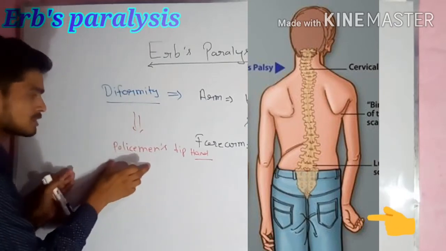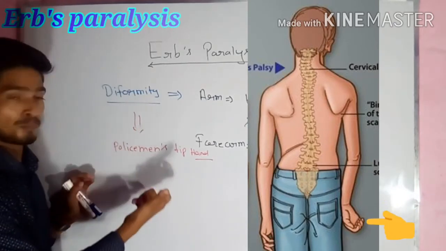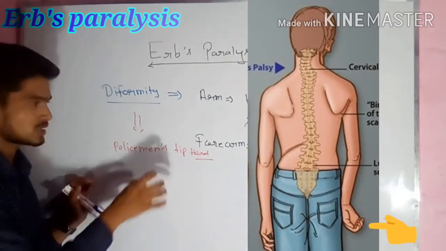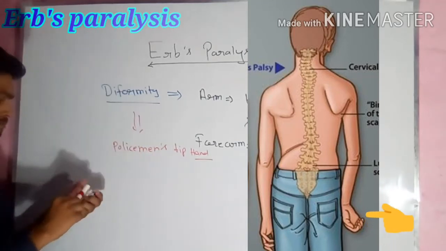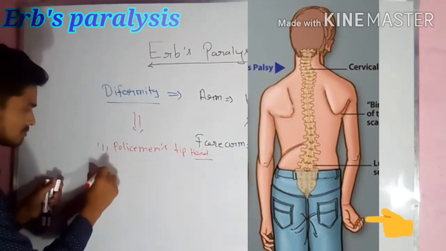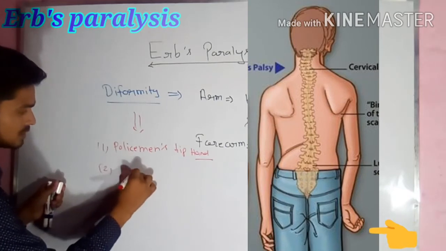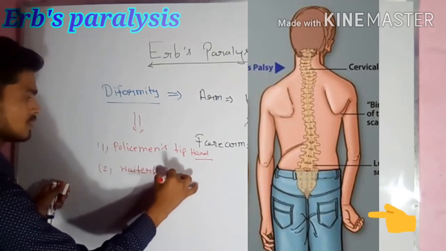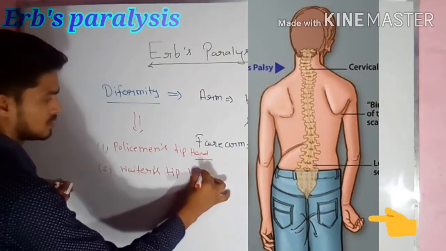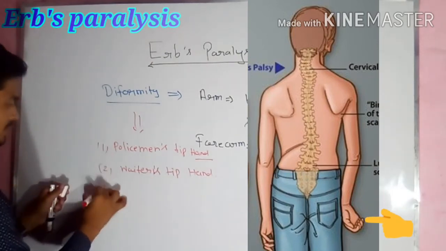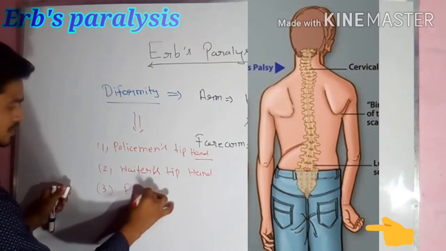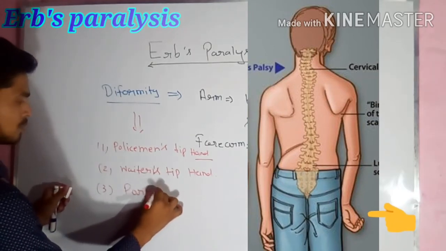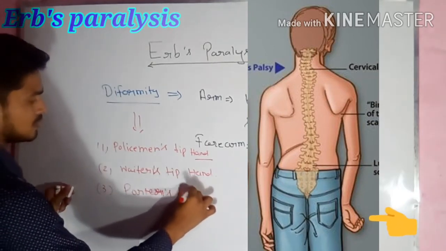So that's why, in some cases, some policemen take tips, so it is known as the policeman's tip hand. And like this, some waiters. So this is known as the waiter's tip hand. And the third one is the porter's tip hand.